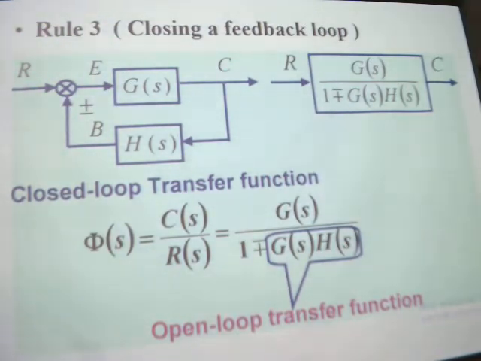The plus becomes minus and the minus becomes plus. So here C H(s) G(s) equals R G(s).